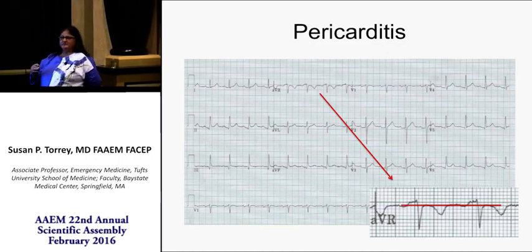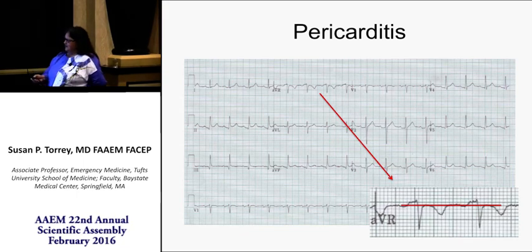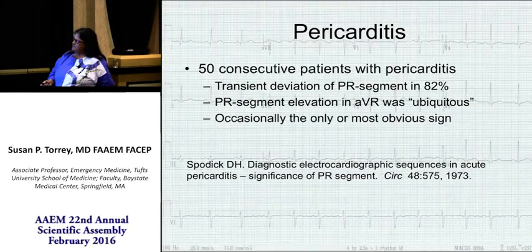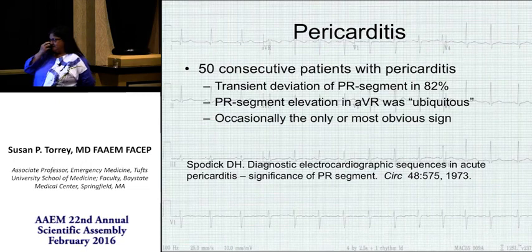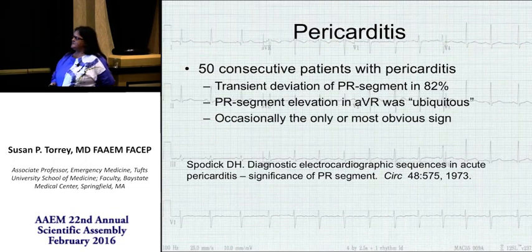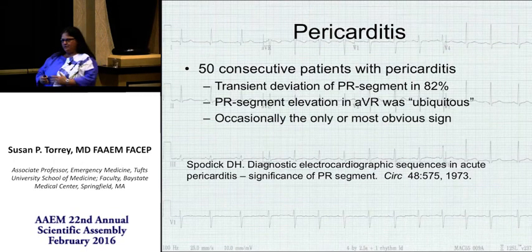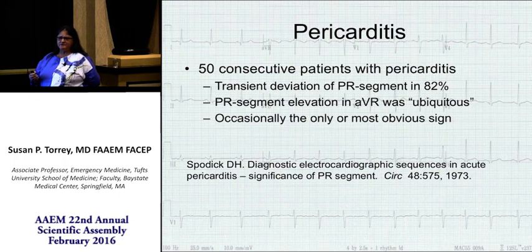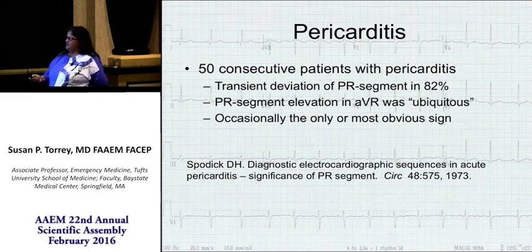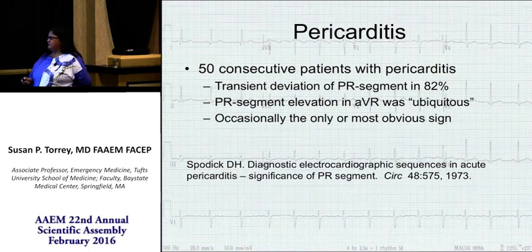Similarly, in lead 2, PR segment depression. This comes about from Spodick's sign in pericarditis fame. He followed EKGs and found that PR segment deviation occurred frequently. In fact, he thought PR segment elevation in AVR was ubiquitous.